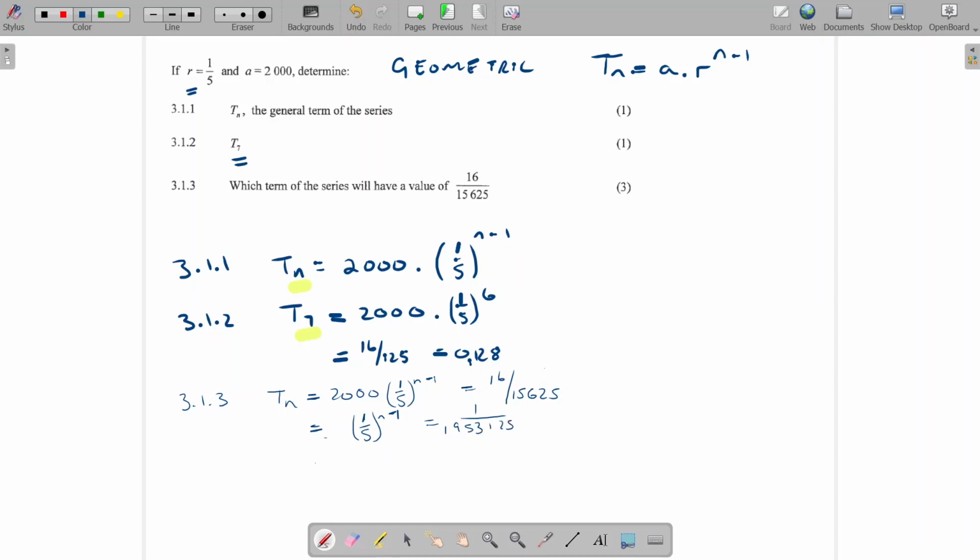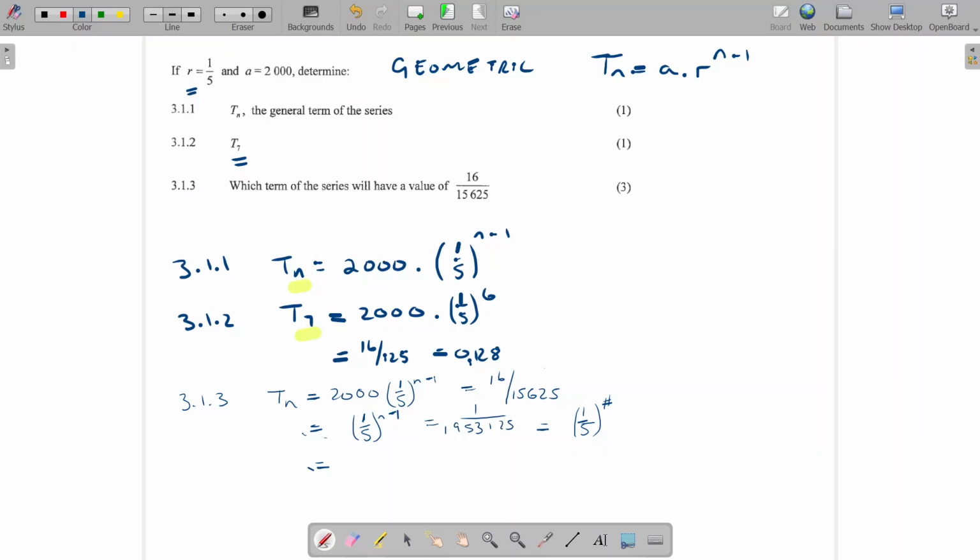Okay, well, we know that this is going to be equal to (1/5) to the power of some value. We don't know what that value is yet, but we can think along those lines. Because we're looking for a power, I'm going to take a log. Therefore n minus 1 equals the log base 1/5 of this number.